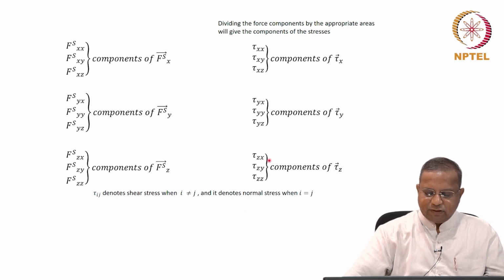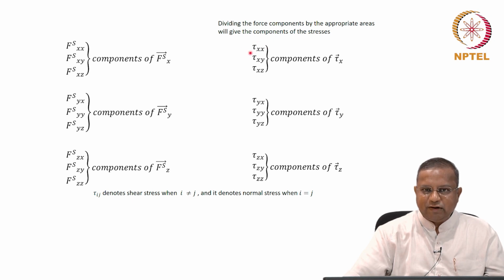Also note that this subscript has a nice way of revealing itself. Tij denotes shear stress when i is not equal to j, and it denotes normal stress when i equals j. So tau xx is a normal stress.